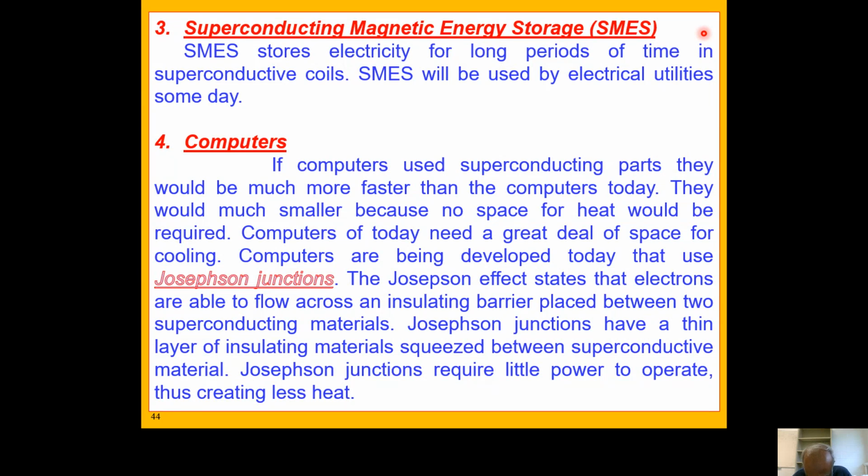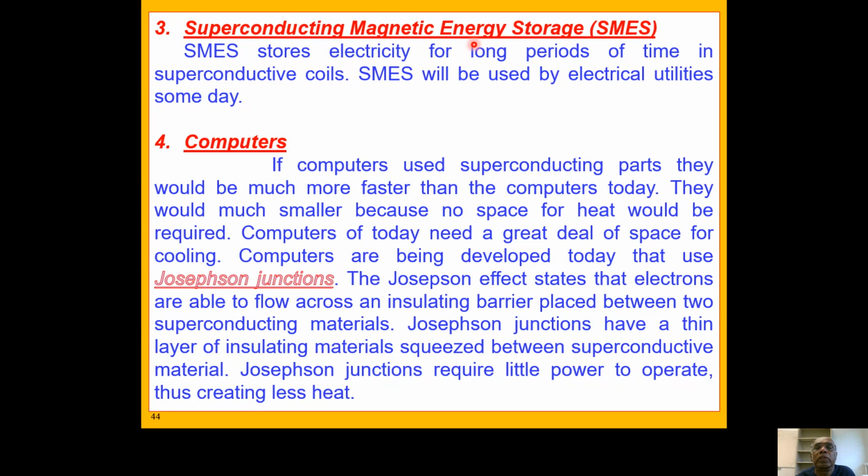So we use hydropower and battery power, which is chemical energy storage. Wind power can be stored in batteries and also in other storage devices. But superconducting magnet energy storage, SMES, is also another way of storing energy.